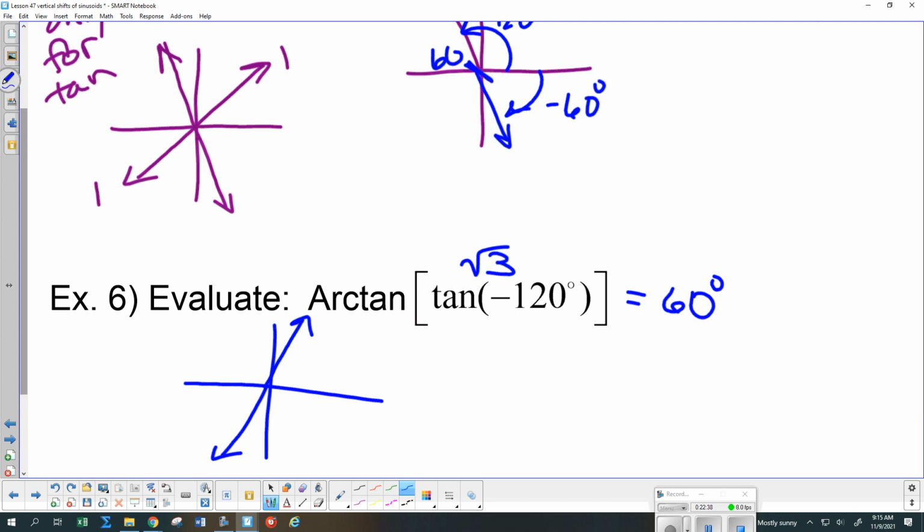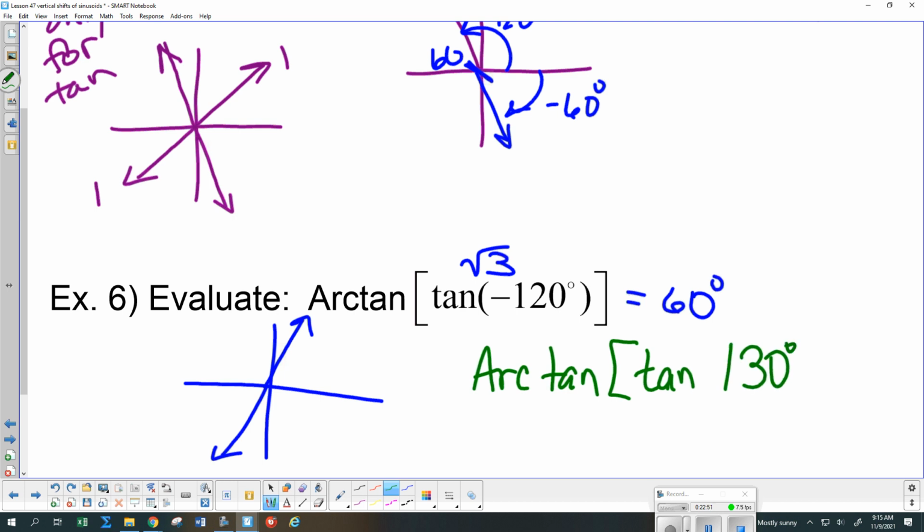Now, where that comes into play is with the ones that we don't have memorized. What if I wanted the arctan of the tangent of, let's say, 130 degrees? I haven't memorized 130 degrees on my unit circle.